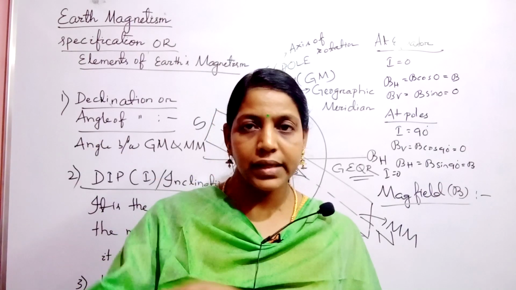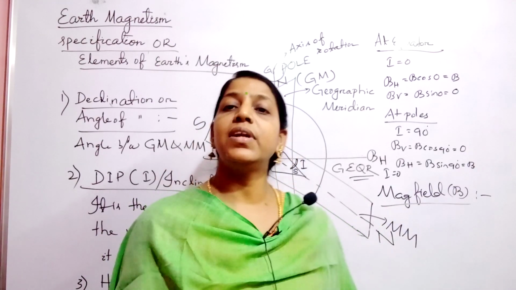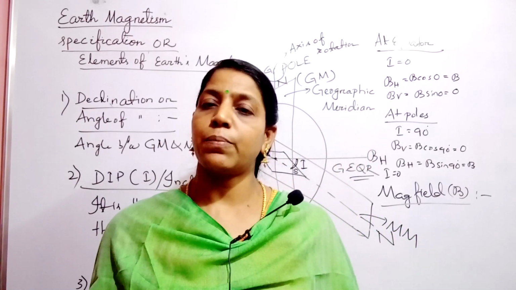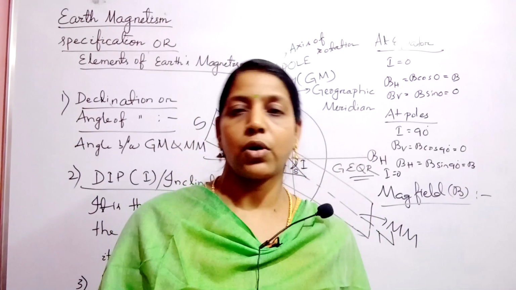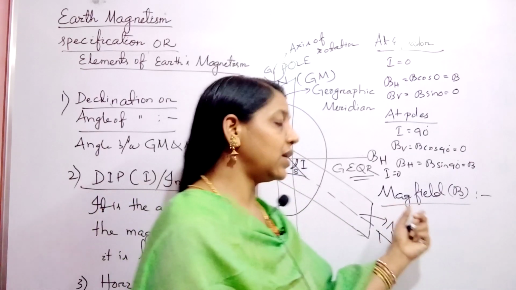You bring another magnet into that field, then only you can easily experience it. So a magnetic field is the region or space around which we can feel the effect of the magnetic field if another magnet is brought into it.